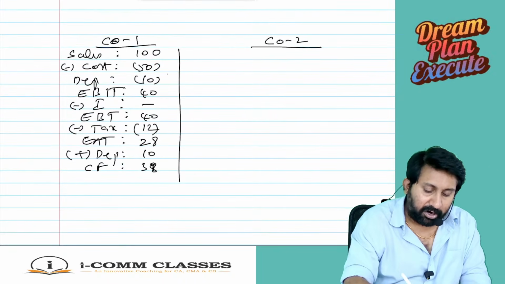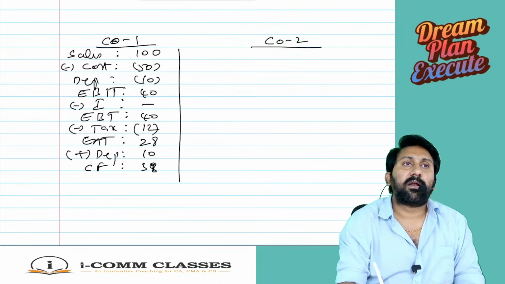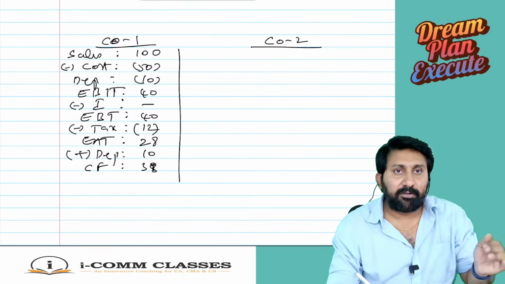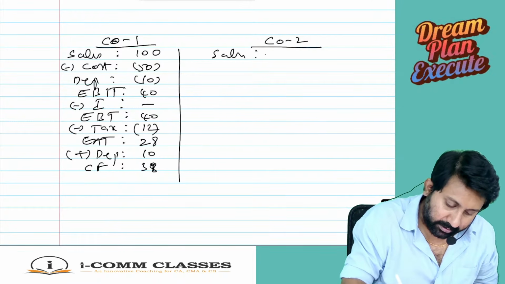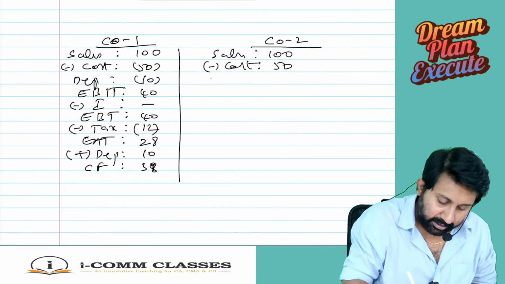Tell me, first what we have done: deducted and added depreciation. Next, one person thought, why deduct and why add, ignore it completely. If you ignore it, what will happen? Let us see. Minus cost, 50. So ignore depreciation directly. What is your EBIT?